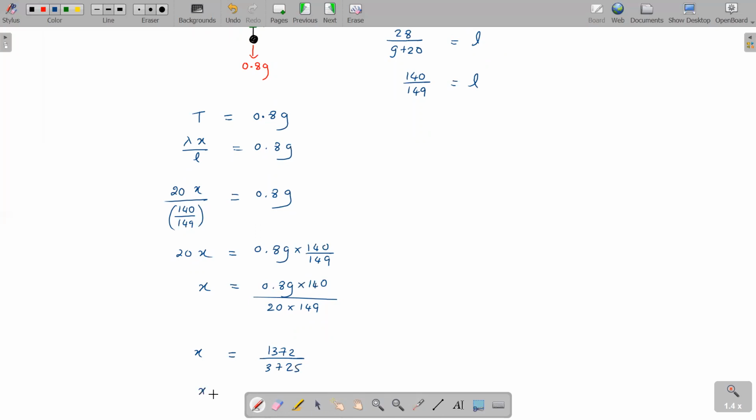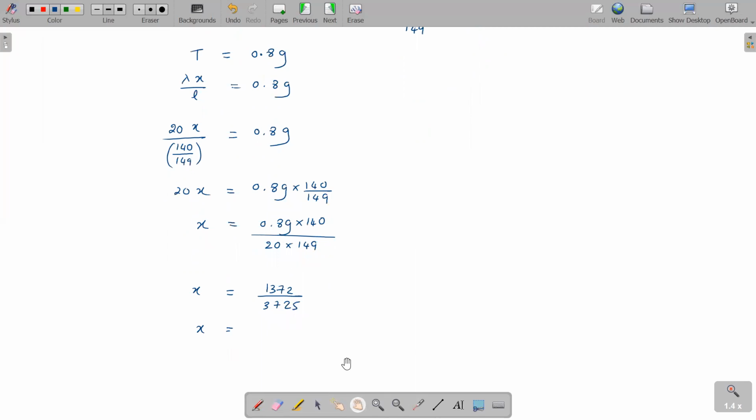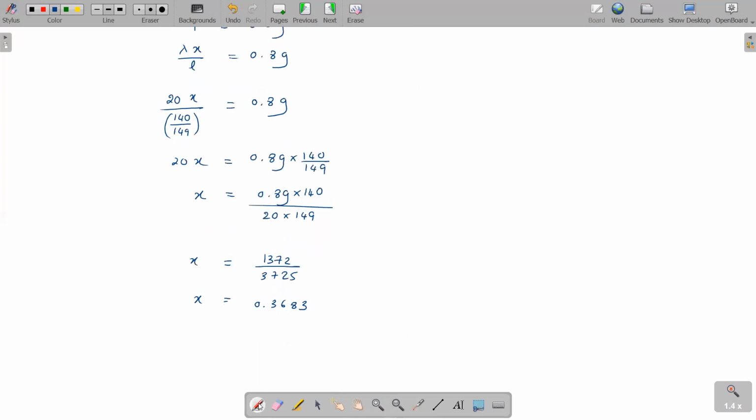Okay, so actually we'll go for the decimal. Make it decimal because we have to go for the decimal. How much is the decimal figure? 0.3683. Okay, so then we are asked to find the total length of the spring, right?